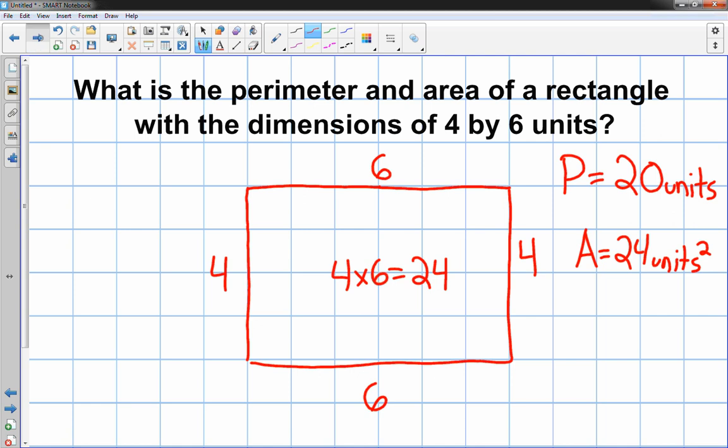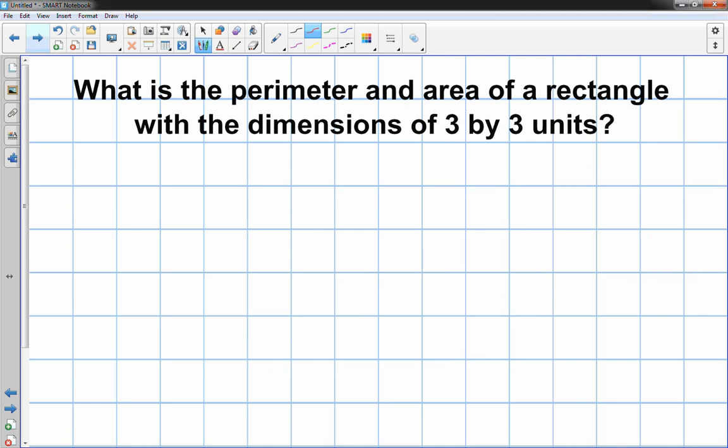Let's do one more. Last one. What is the perimeter and area of a rectangle with the dimensions of 3 by 3 units? So we're going to draw a rectangle. It's 3 by 3. So in this case, it's a square. Don't forget, squares are rectangles. And you add those up. 3 plus 3 plus 3 plus 3.